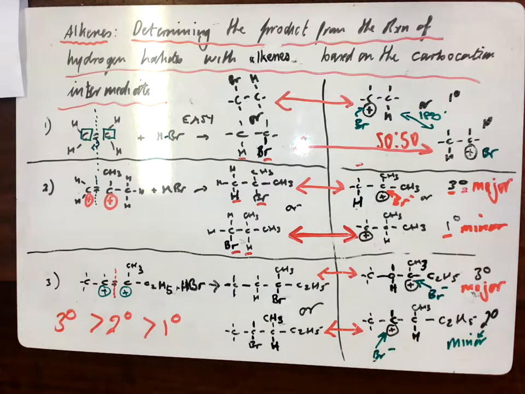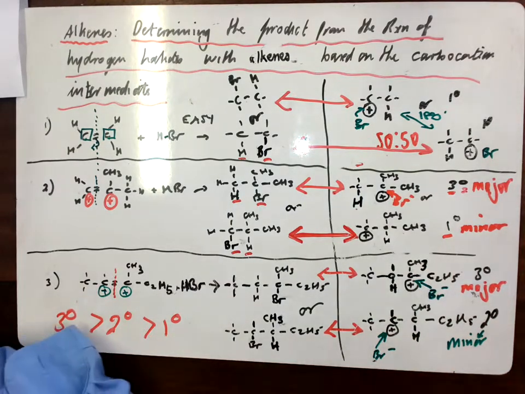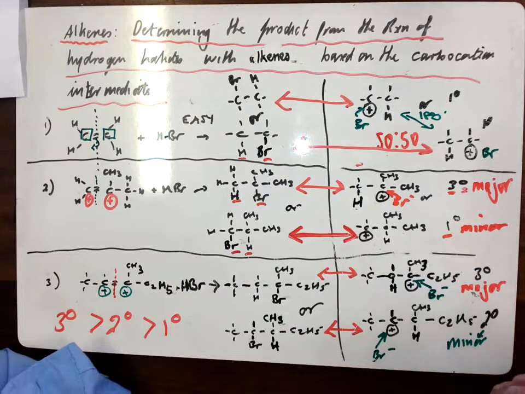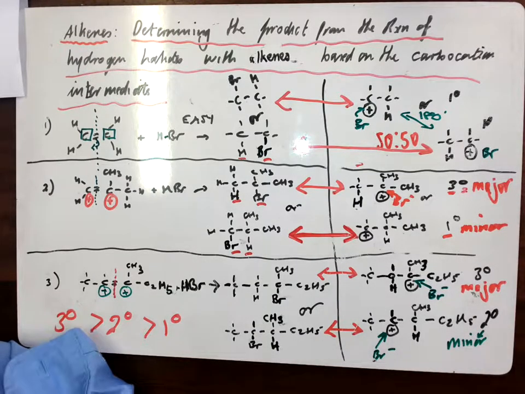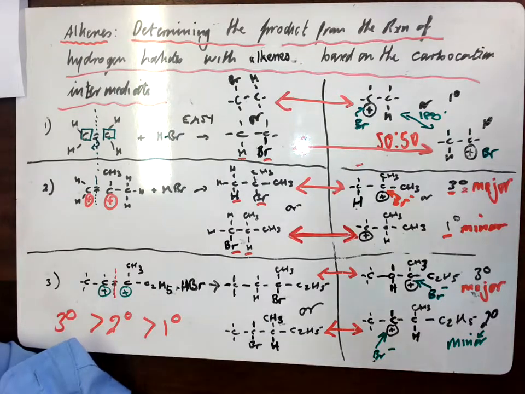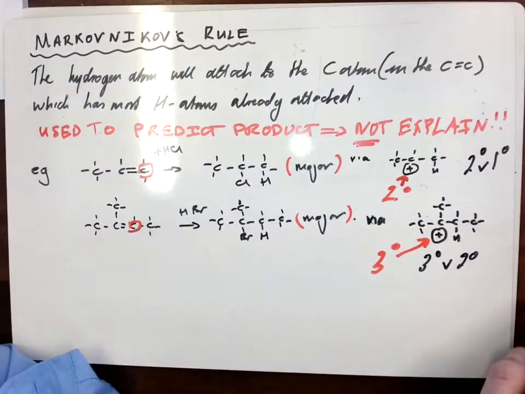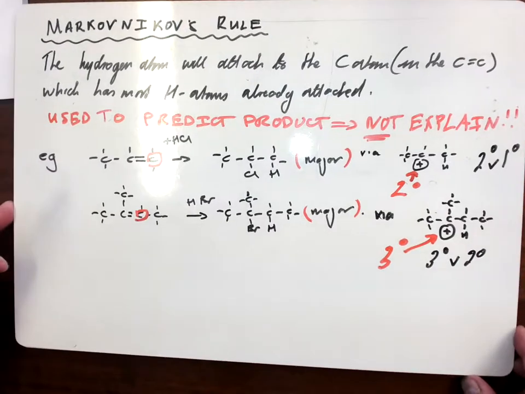Okay, so that's how we work out what our major and minor product is, and we will always be explaining that in an exam through the presence of primary, secondary or tertiary carbocation. There's also a quick way to predict what product you might have, and that's called using Markovnikov's rule.